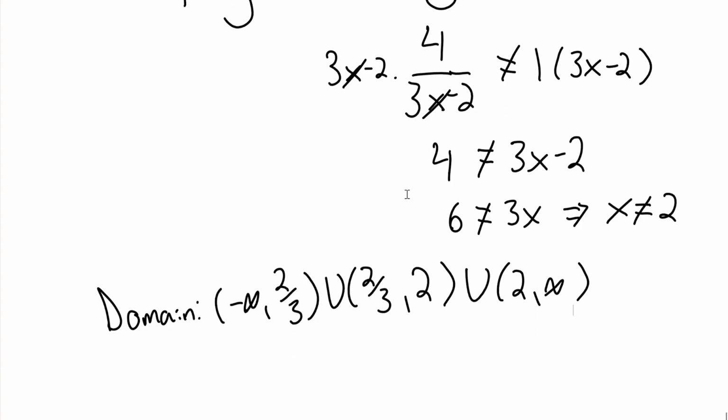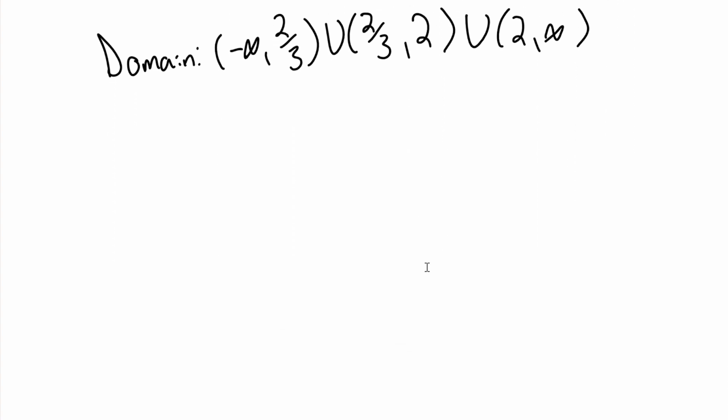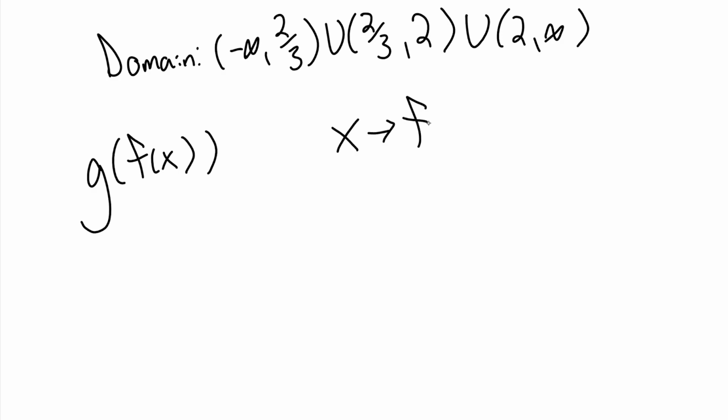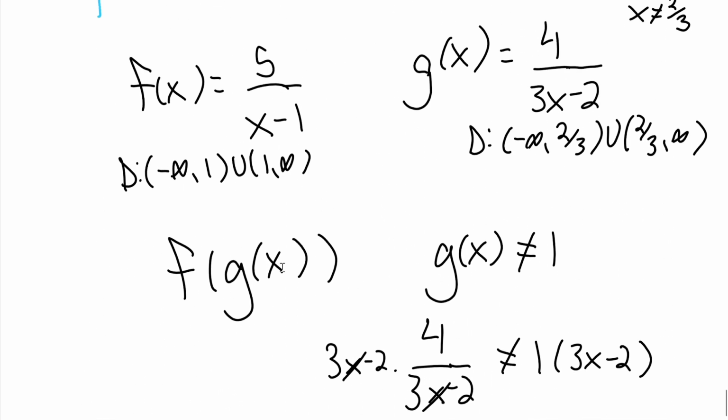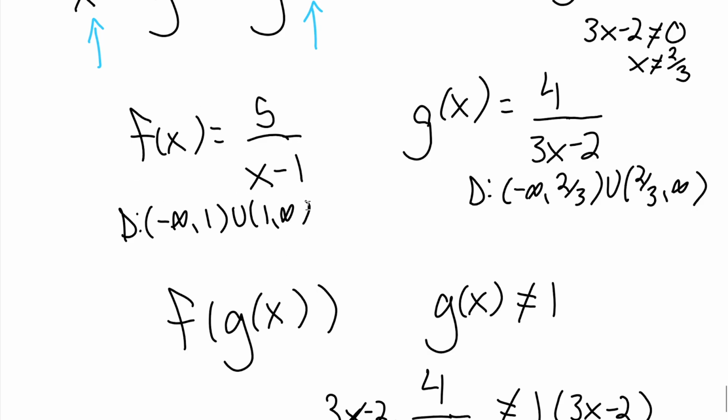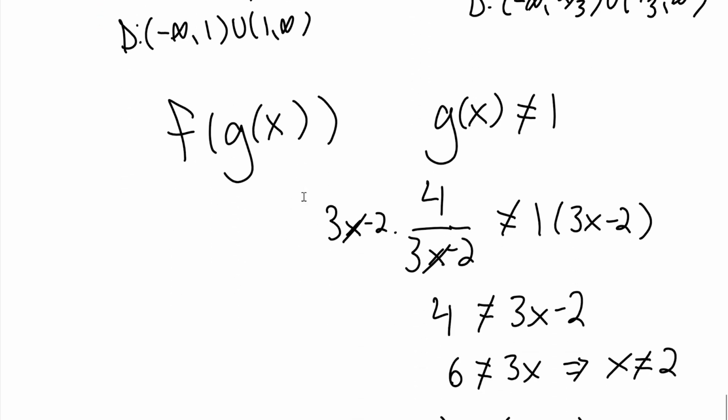Now let's flip it around and look at the domain of g of f of x. Okay. So now it's going to be the same thing, except for now we're looking at the x values that are going into f and the f of x values that are going into g. So for the first part, x going into f, we already found, right? We saw that x can be anything except for 1.